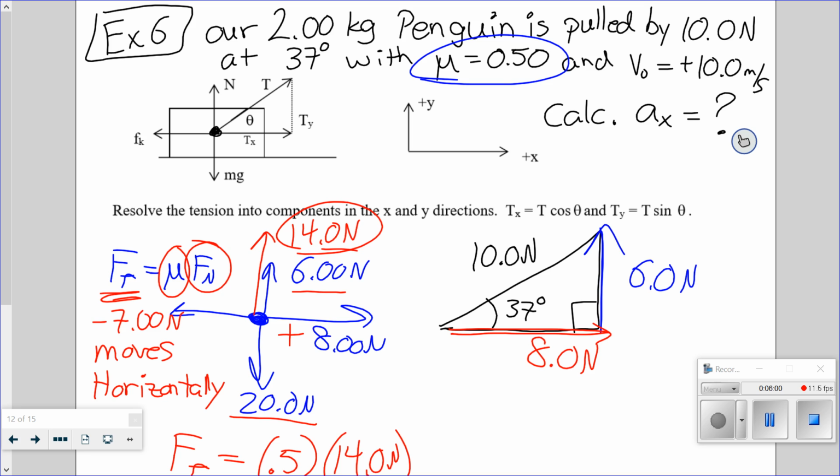With mu 0.5, in a text or on the test, I would say the coefficient of friction is 0.500. That means 50%, or exactly half, of the normal force, literally the pressure between the penguin and the surface, or the object and the surface, gets converted into friction force.